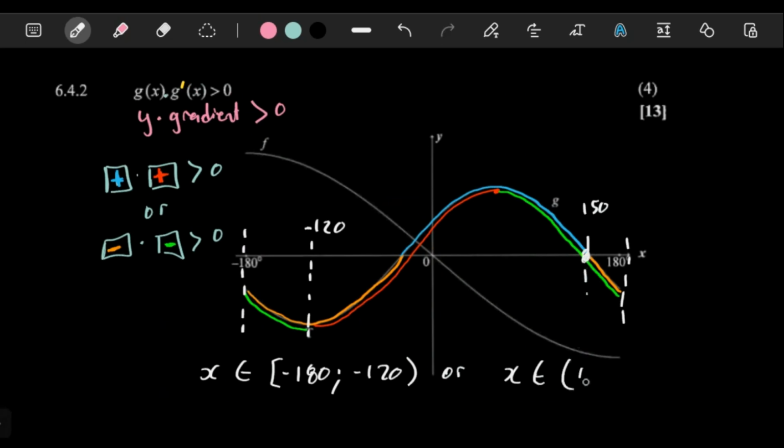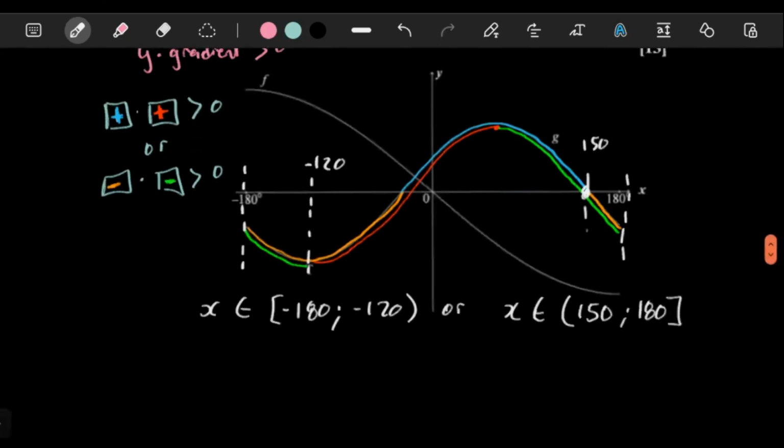So we have to exclude the 150 because we want it to be below 0, not equal to 0. It's going to be from 150 until 180. The 180 we do have to include. So that deals with the orange and the green there.